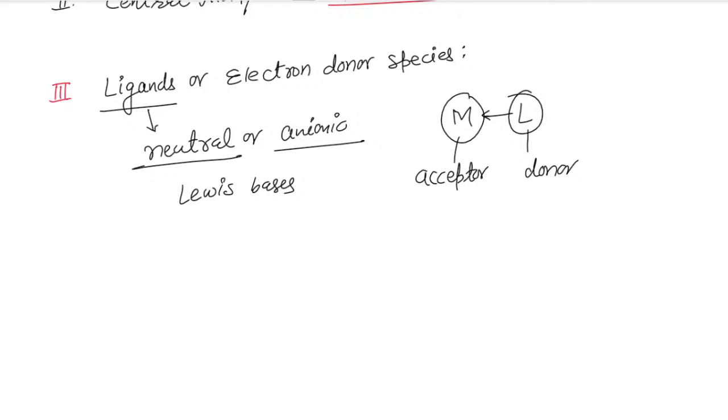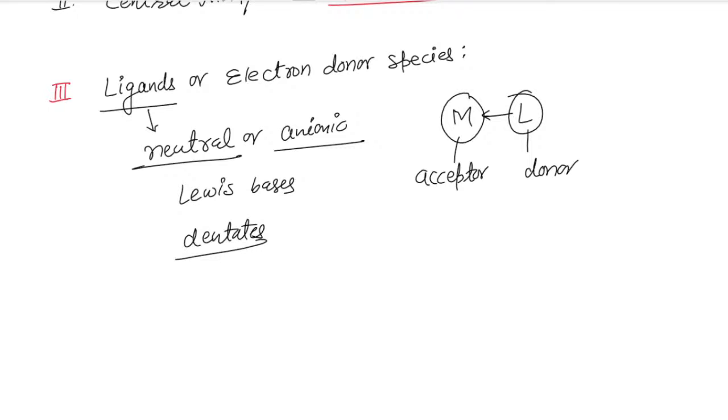Ligands are also known as dentates. Dentate means teeth. They may be compared to teeth since they surround the metal atom or ion in the same way as teeth surround the tongue.